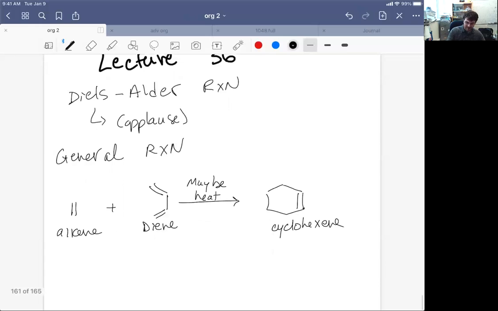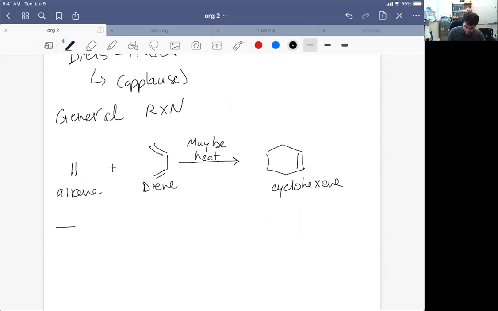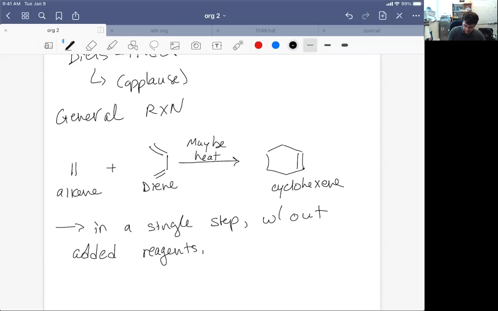But in a single step, without added reagents, we form two CC bonds, and it turns out with control of stereochemistry.